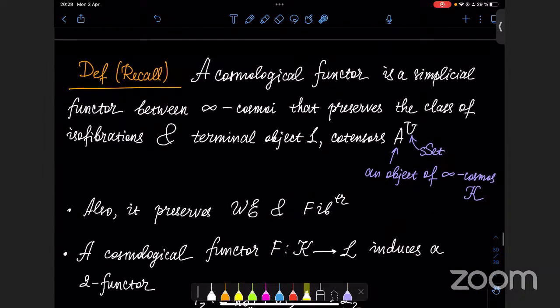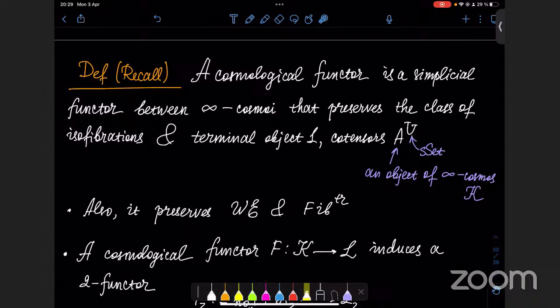Now I recall the definition of a cosmological functor. I should have done it before, but I decided to do it now.